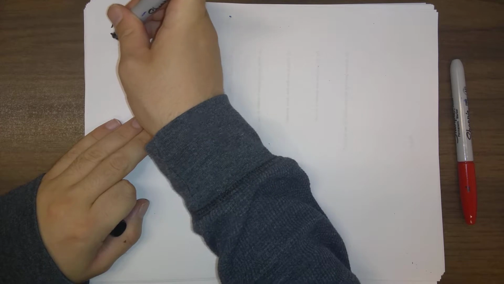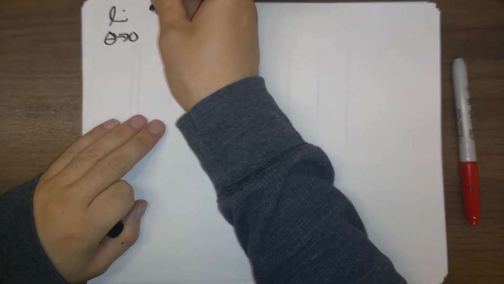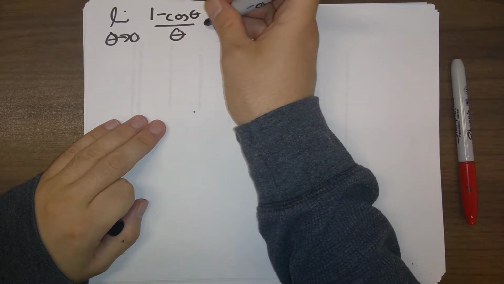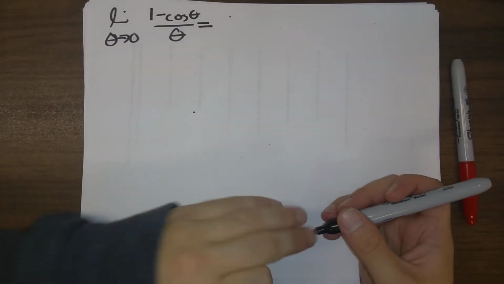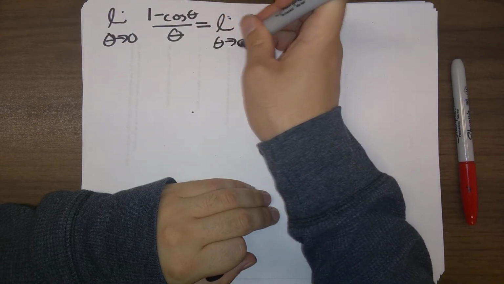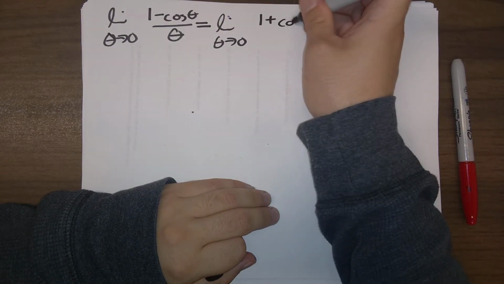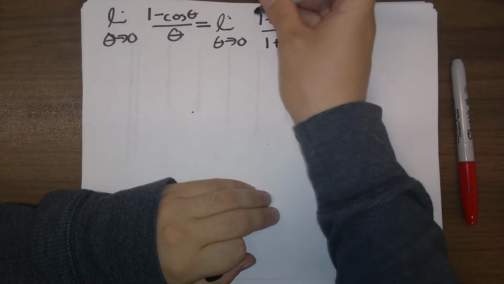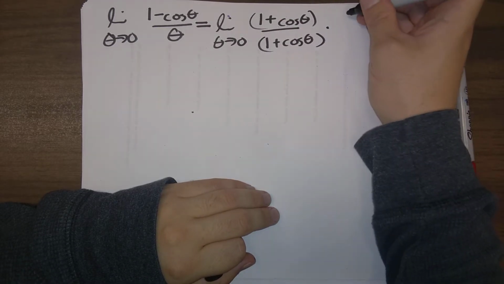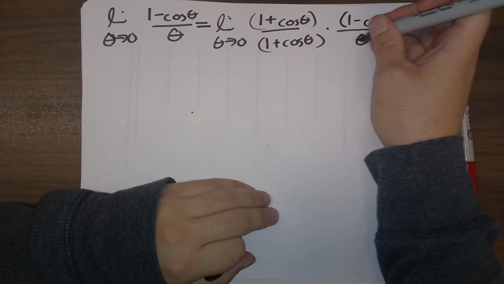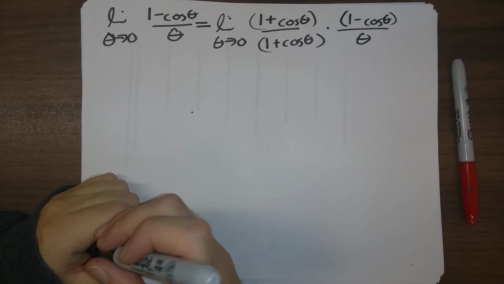So we start off with the limit as theta goes to 0 of 1 minus cosine theta over theta. And we're going to multiply by the same thing on the top and the bottom. So limit as theta goes to 0, we're going to multiply both the top and bottom by 1 plus cosine theta. So why do we do this?